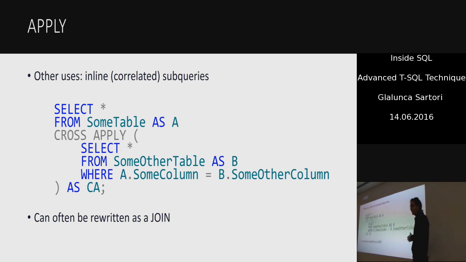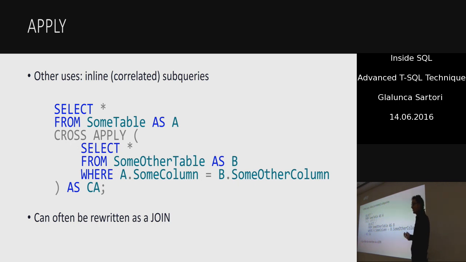This can often be rewritten as a join, and in fact what the optimizer will end up doing in most cases will be reordering this kind of query as if it was written as a join. When the optimizer is unable to do this, the only possible join strategy between the input set and the function is a nested loop.